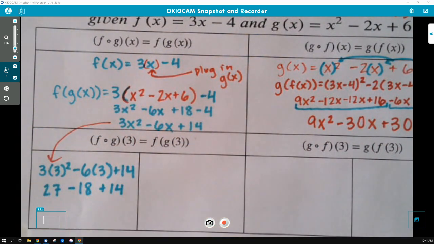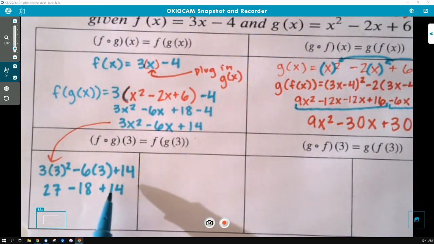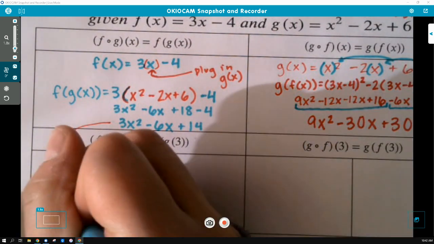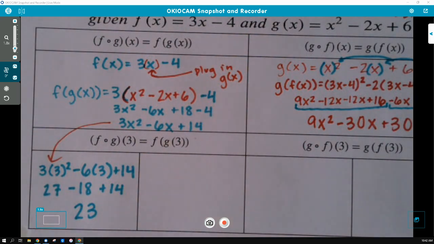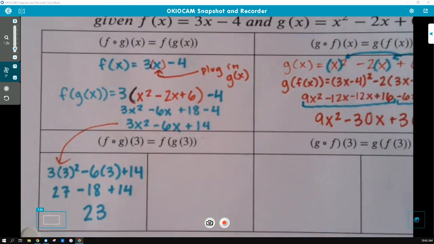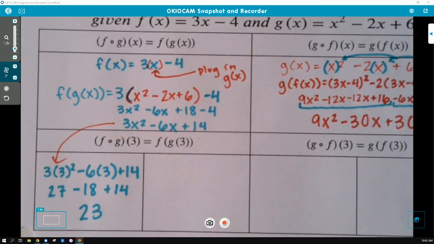Plus 14. 27 minus 18 is 9. 9 plus 14 is 23.